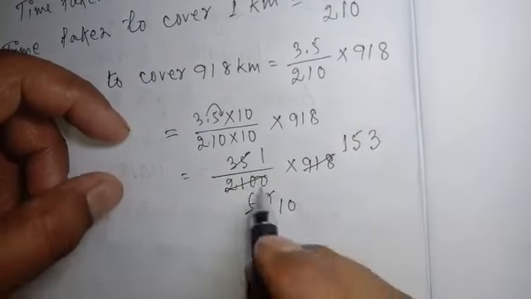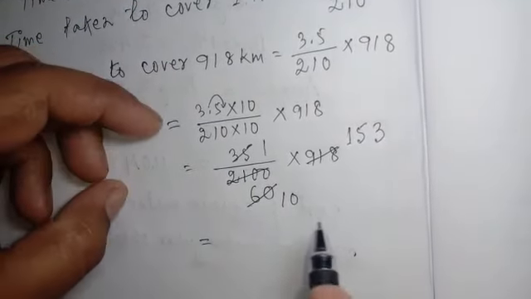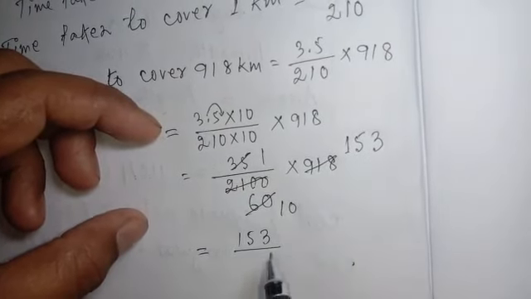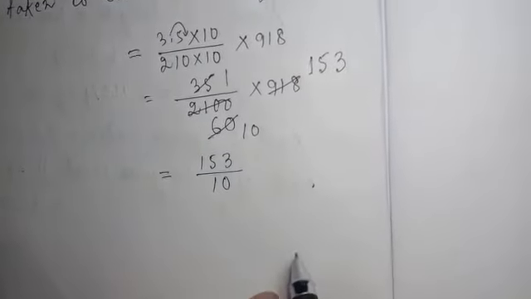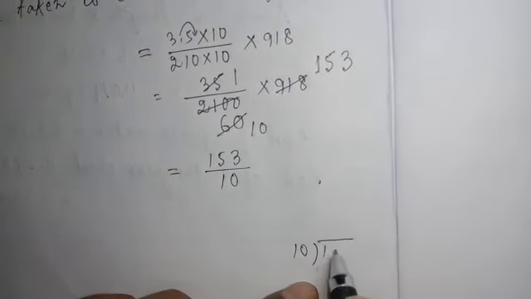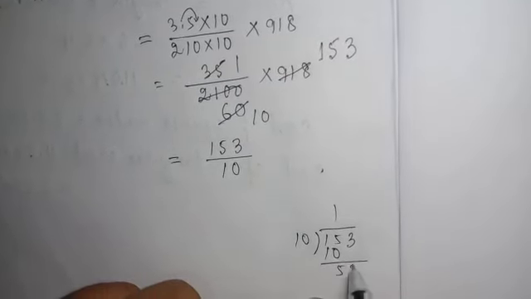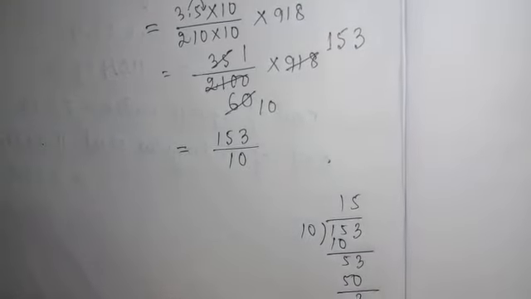For cancellations you can take a small number also. 153 by 10. We will divide 153 by 10. 10 1 are 10, 53, 10 5 are 53. Here is a remainder.